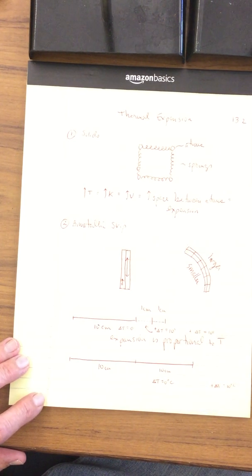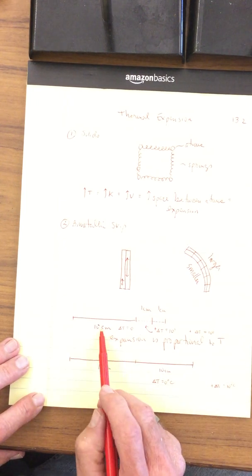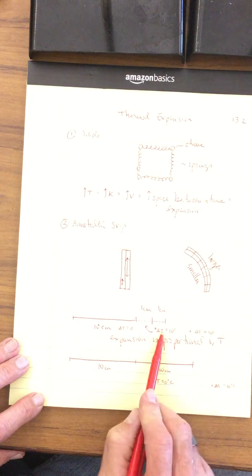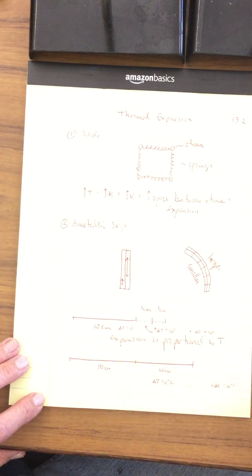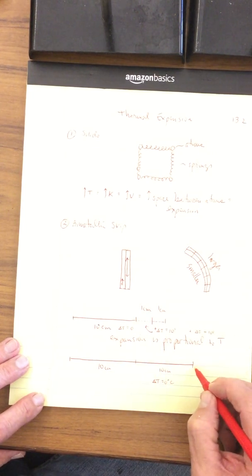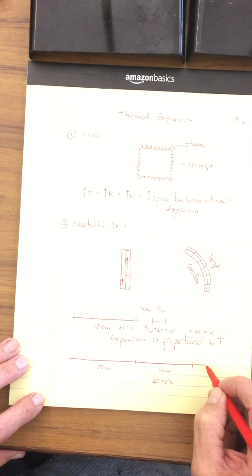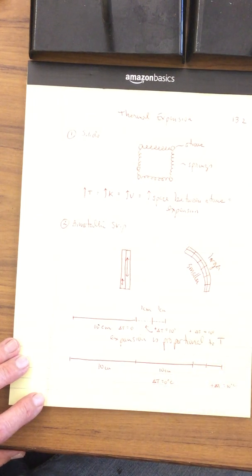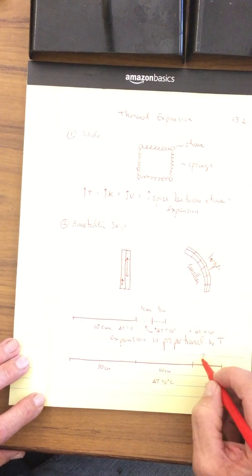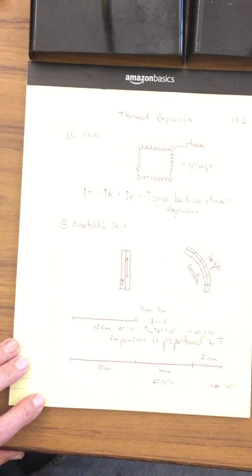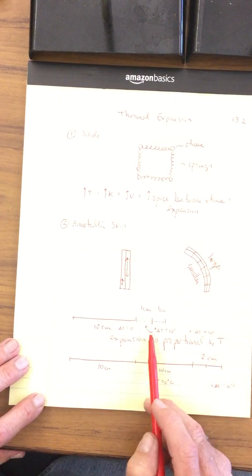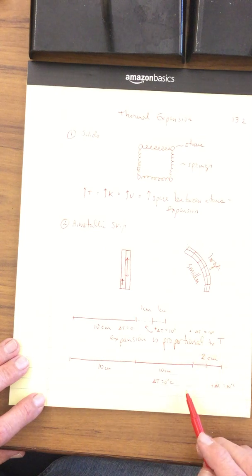What's going to be my thermal expansion? Well, for every 10 degrees you increase, it goes 1. We have 20 centimeters, so this is going to increase by a factor of 2 centimeters. So the expansion is proportional to the temperature, but it's also proportional to the original length.